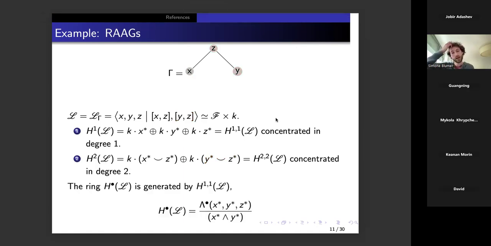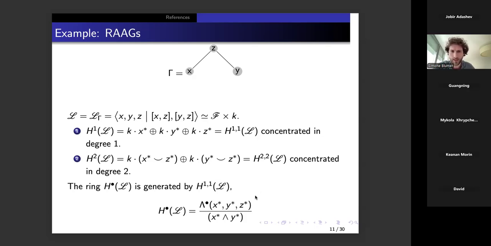One can do more and compute the whole cohomology ring for this easy example of a Lie algebra, and discovers that the whole cohomology ring is generated by the degree 1 component of the cohomology. And in fact, it can be given this presentation in terms of the exterior algebra, lambda.